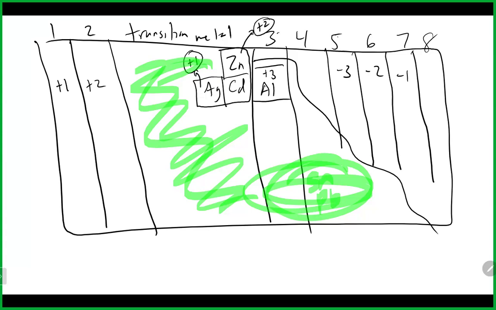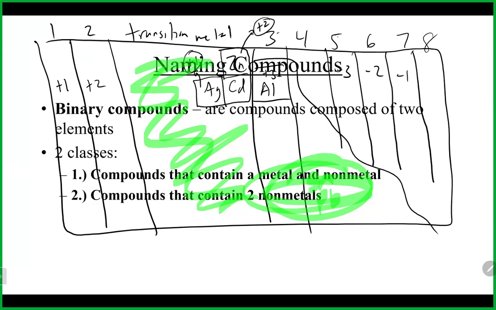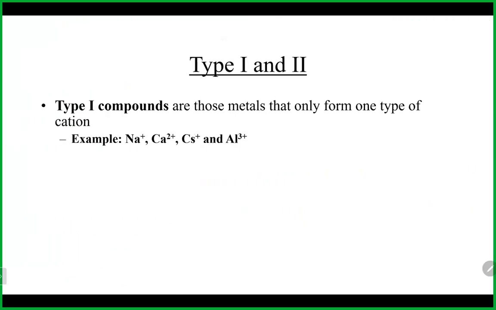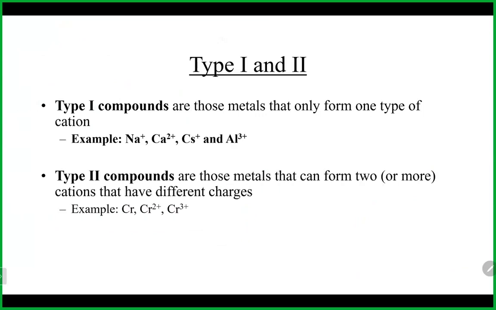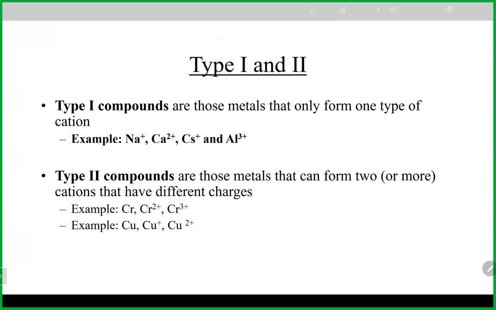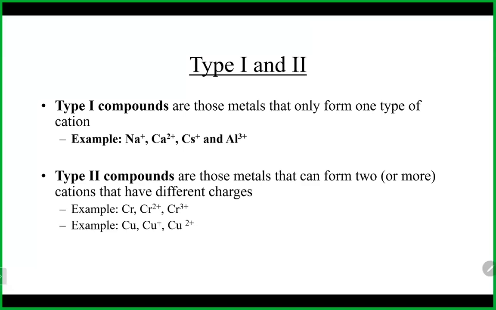All right. So obviously that's an important thing for naming as well. So let's get into that. We talked about type 1 and type 2, that they are ionic compounds. So let's talk about what the difference is between those two.